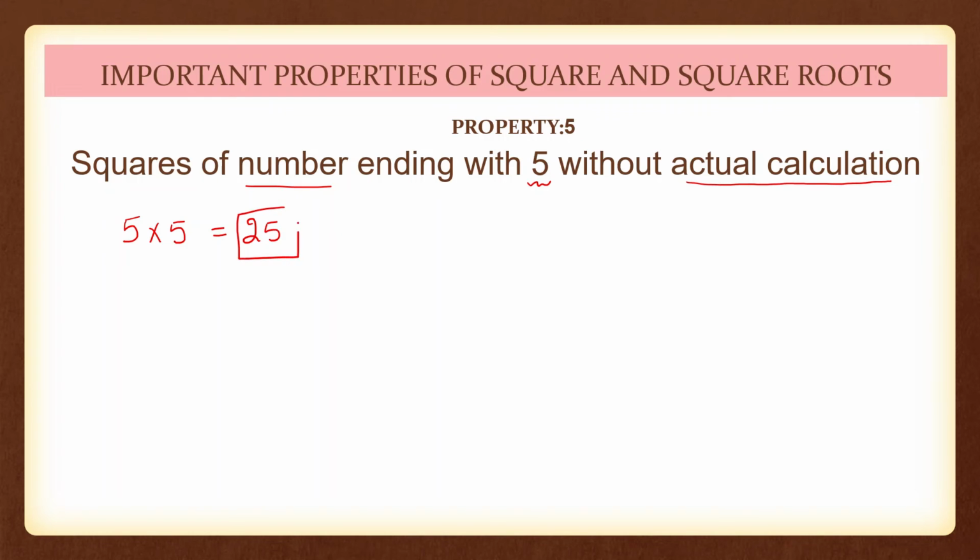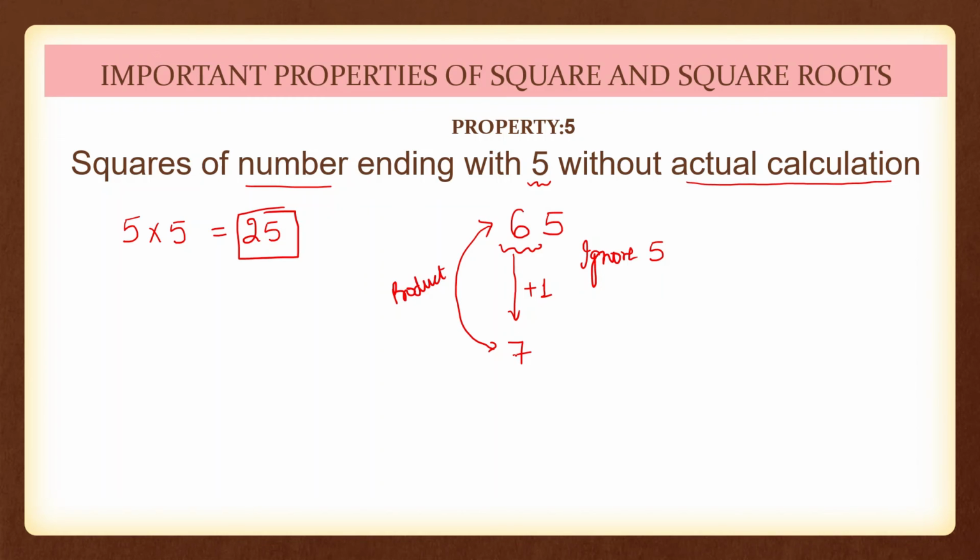Now whatever number is given, for example 65 is given, ignore 5 here and whatever is left, which is 6 right now, add 1 to this number, which gives you 7, and then find the product of these two.